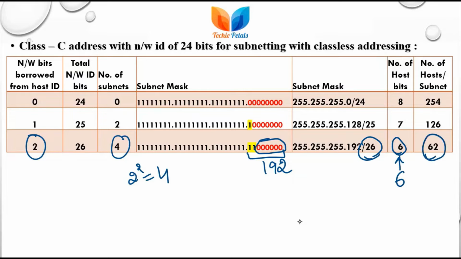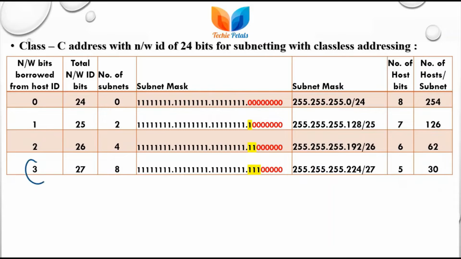Possible number of hosts is 2 raised to power 6 minus 2, 64 minus 2, that is 62.